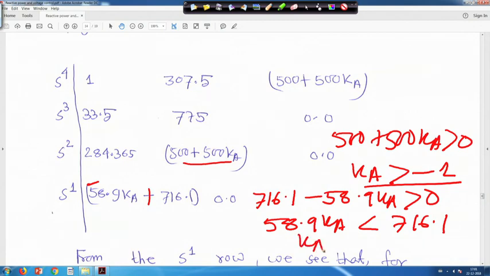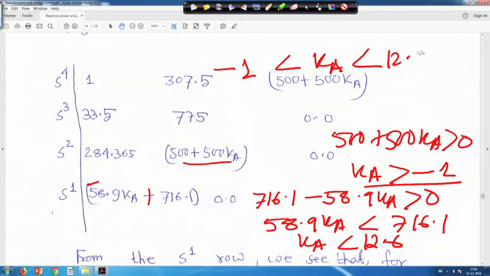If you simplify, k will be less than 12.6. That means for stability k is greater than -1 and less than 12.6, but k is not equal to 0, right. If k is equal to 0, then nothing will happen in the system.